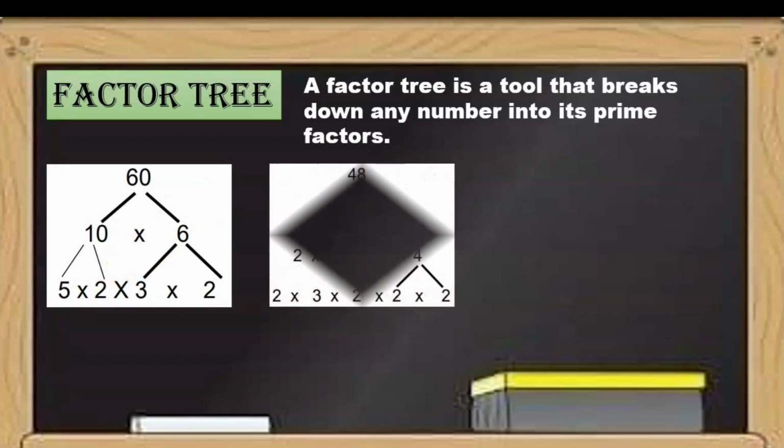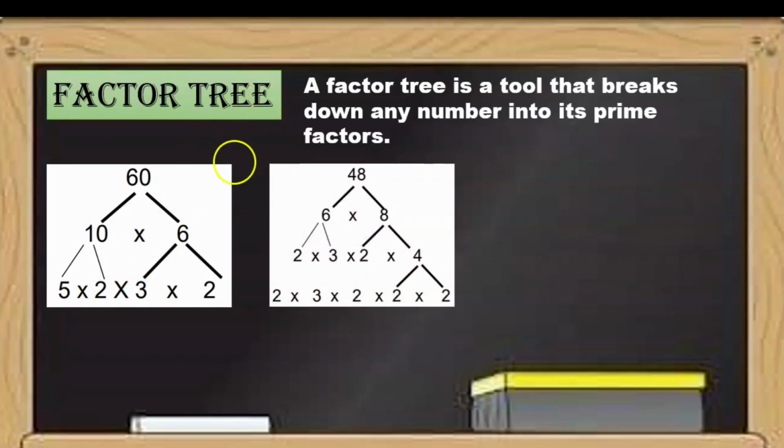The next number is 48. Let us also get the factors of 48. We have here 6 times 8 is 48. And let us also factor or break down 6. That is 2 times 3 is 6. And also let's break 8. 2 times 4 is 8.